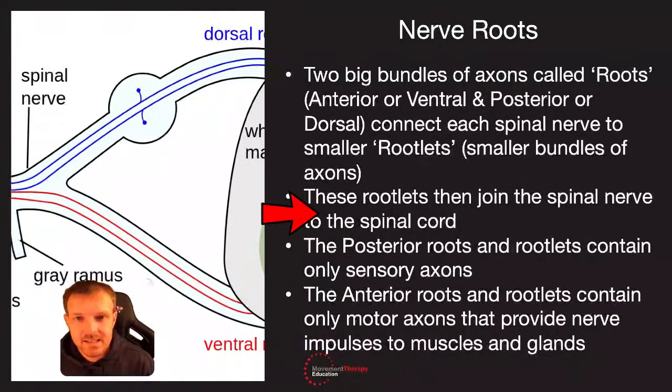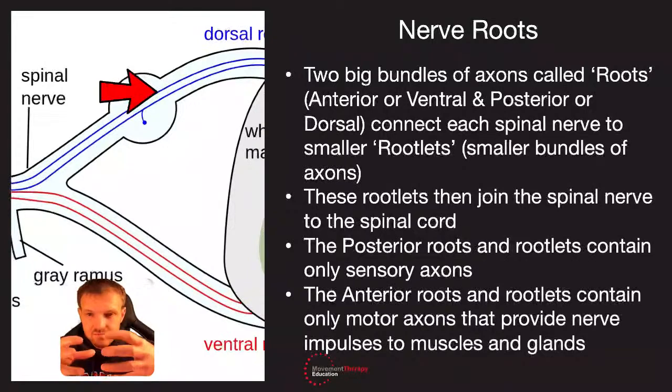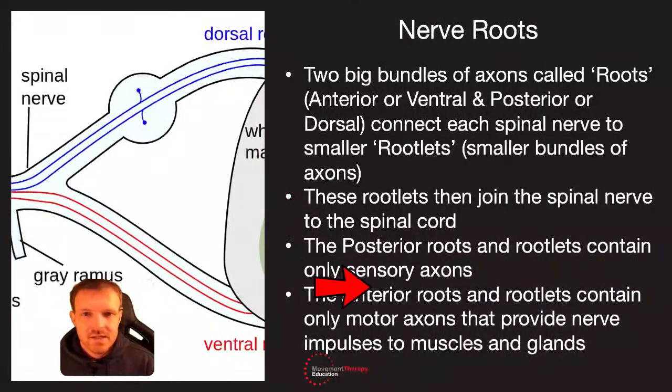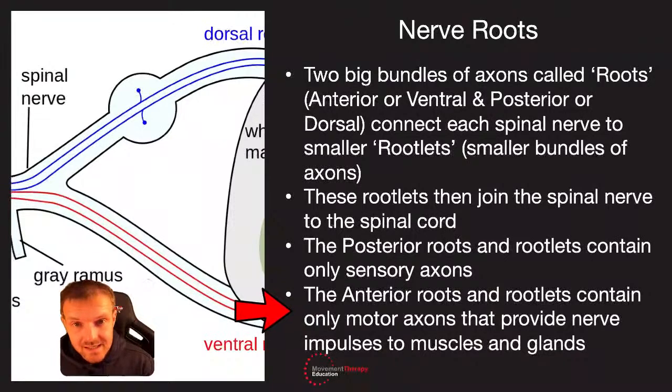Okay, and then you've got this dorsal root ganglion, which is a kind of increased density of sensory neurons just before it goes back into the spinal cord, and we'll talk more about that next week, and the importance of that. The anterior roots and the rootlets contain only motor axons. So these ones at the front are motor, these ones at the back are sensory.